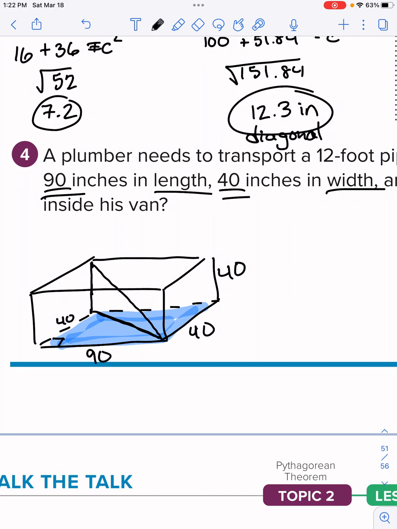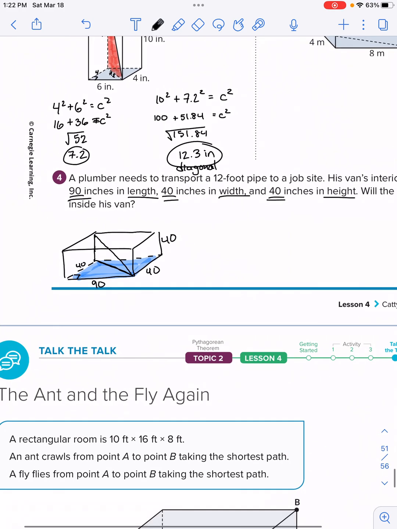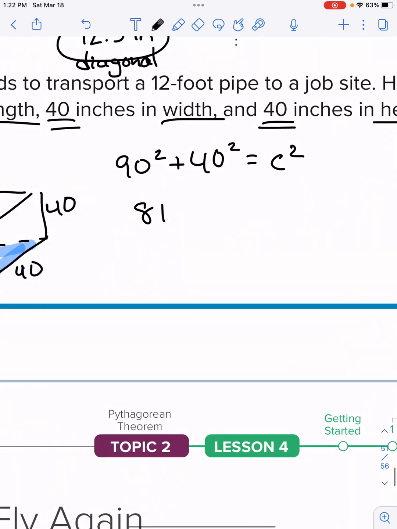Let's use the Pythagorean theorem to find the diagonal. So 90 squared plus 40 squared equal to c squared. 90 squared, so what's 9 squared? 9 squared is 81. The square just tells you how many zeros to put, so we'll put 2 zeros. 40 squared is, well, 4 squared is 16, and we're going to put 2 zeros.